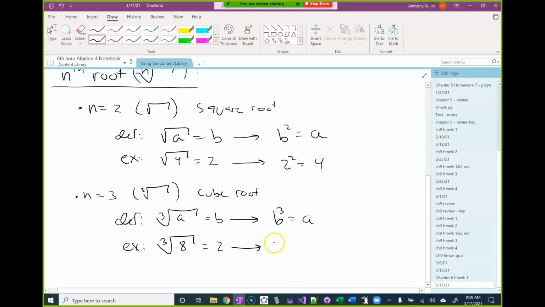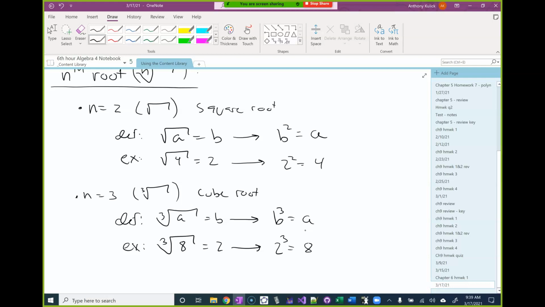We're often interested in determining if, like, is 8 a perfect cube? Well, we knew it was because 2 times 2 times 2 is 8. You guys remember doing that from a couple chapters ago? We still did it even in the last chapter. I think there's a cube that popped up here or there in the homework.